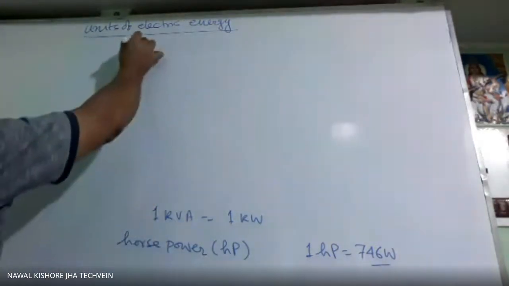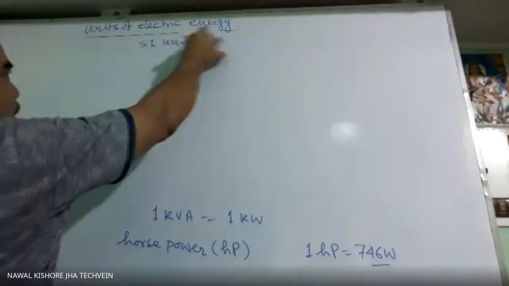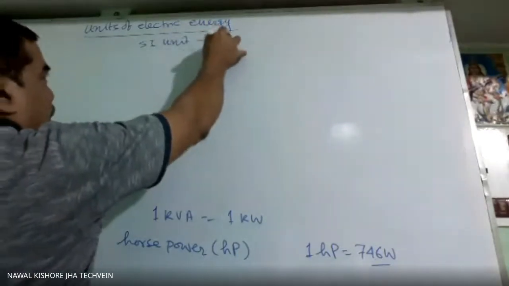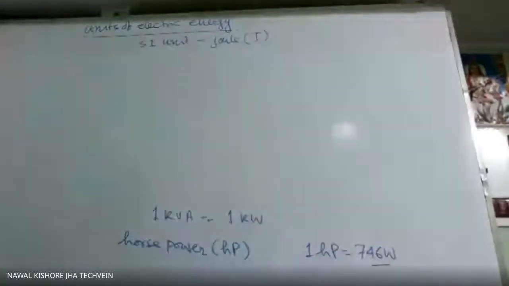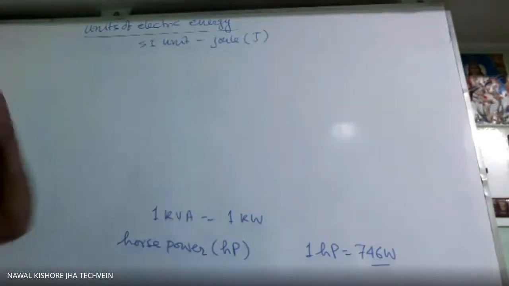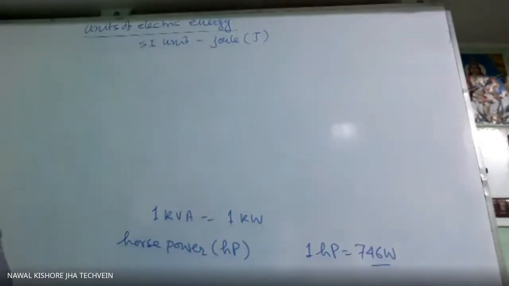SI unit will be the same, joule. There is no difference. SI unit of heat energy, sound energy, electric energy, light energy, whatever it is, will be joule only. Now, what are the other units that we are interested in here?